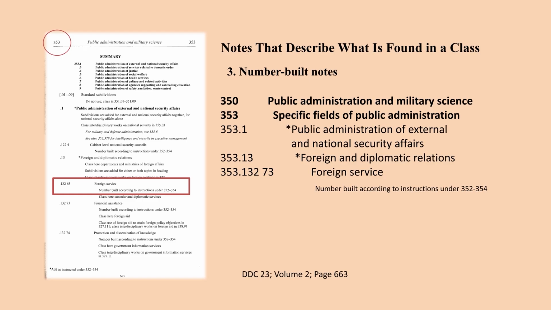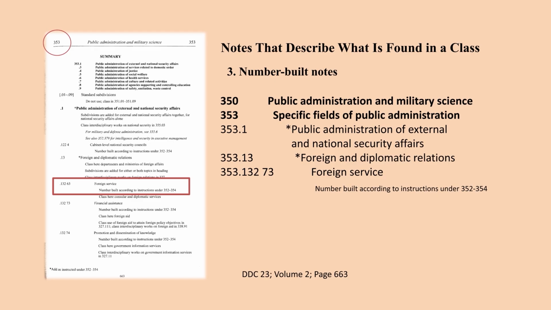Here you can see that two numbers, 353.1 and 353.13, have been marked with asterisks. The meaning of the asterisks you can find at the bottom of the page just before the page number. It is written that add as instructed under 352 to 354.